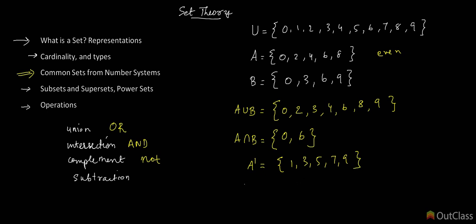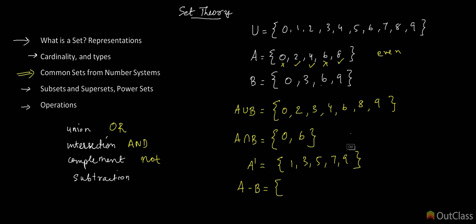Then you have subtraction, A minus B, which is basically elements that are present in A but not in B. So you won't take the 0 because it's present in B as well. You will take the 2, you will take the 4, you won't take the 6, also present in B, you will take the 8.